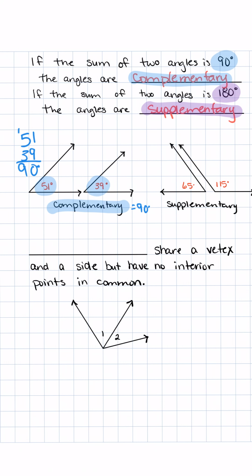These 65 and 115 are supplementary. Just to double check, 115 plus 65 equals 180 degrees. So whenever you see supplementary, you know it's going to equal 180.